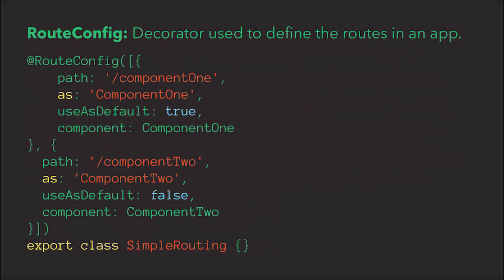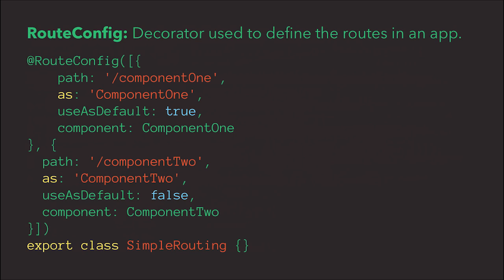The first part of getting started with routing in Angular 2 is providing the route config for a component. The route config is a decorator that you can import from the Angular 2 router, and it is expecting an array of objects that are the route definition objects.